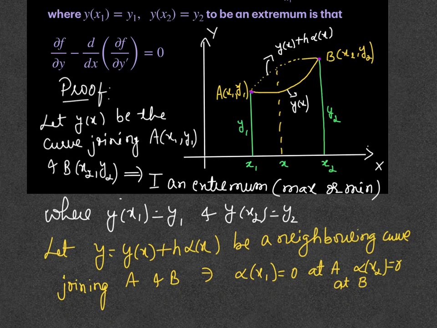We drew the neighboring curve where h is very small. So when h is 0, these two curves coincide, thus making an extremum.